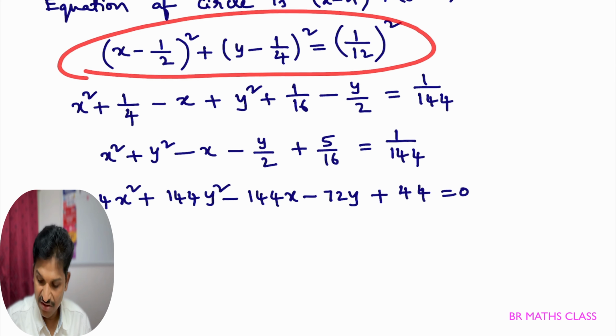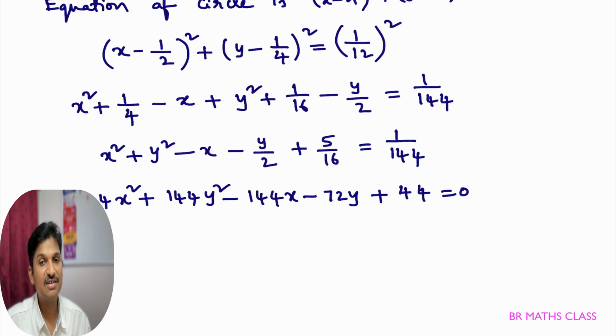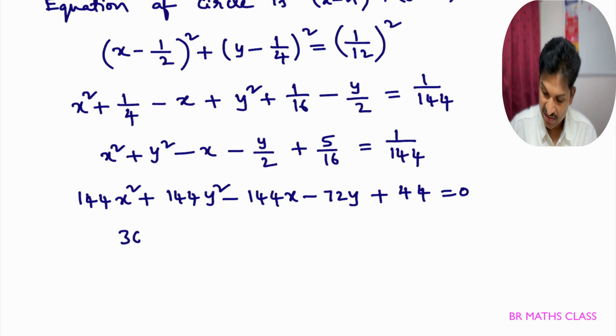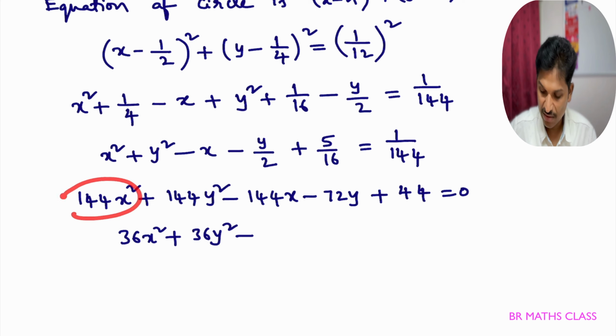So if you simplify this equation, you will get like this. Now if you observe all these things, they are all multiples of 4. So you take 4 common, or else divide this complete equation with 4. You will get like this: 36x square plus 36y square. What I am doing, I am taking 4 common, right?